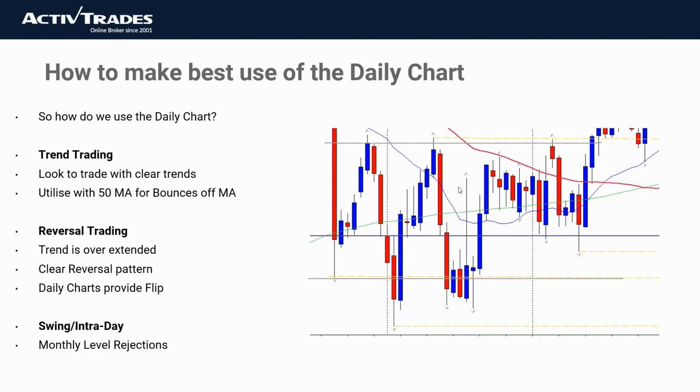Daniel asks whether to use simple or exponential. I tend to use just simple, Daniel. I'm not a moving average extremist in the sense that there's only one way to use moving averages. I'm very happy with simple moving averages, and on my charts I generally have a blue 20, a red 50, and a green 200 simple moving average.